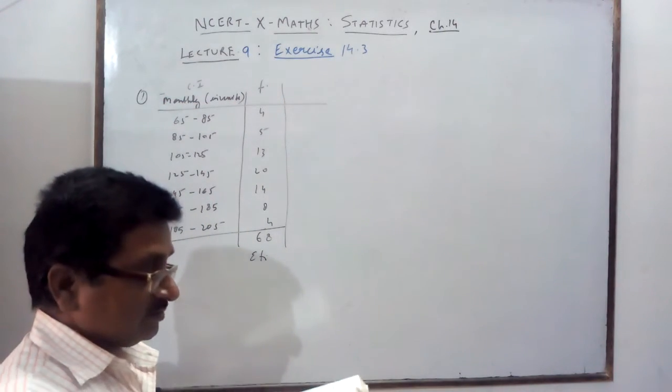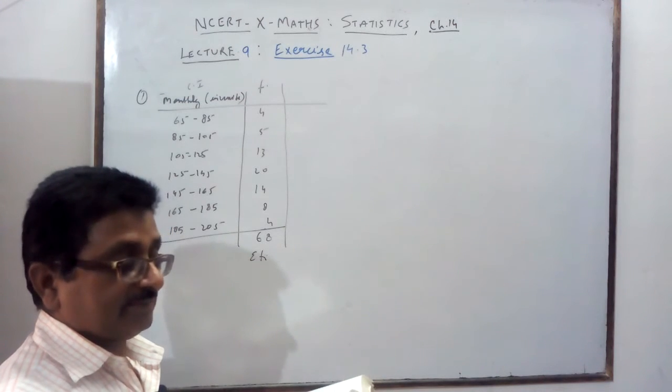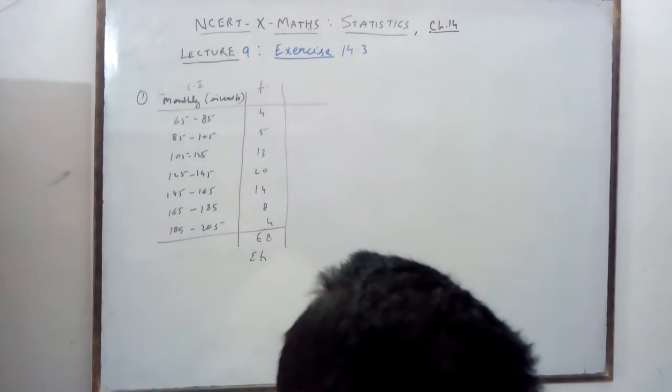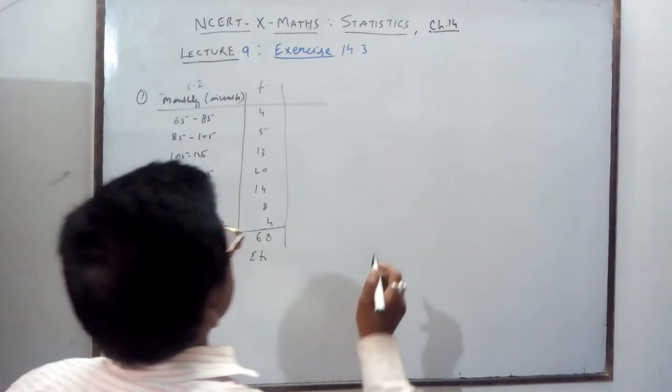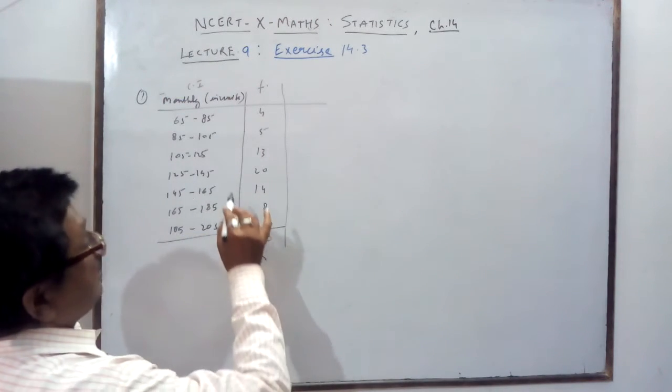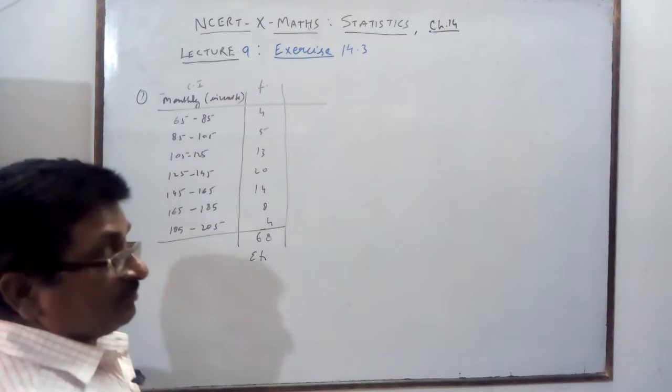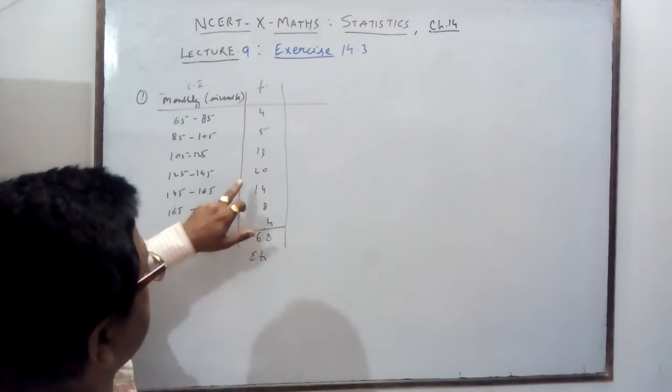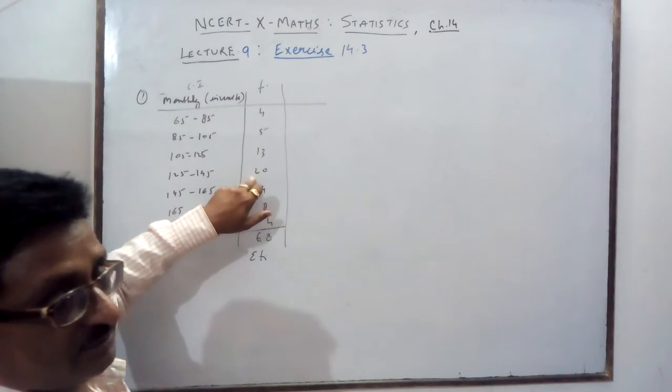You want to find out the median, mean and mode. Mode is very simple. Median and mode you calculate now, and mean afterwards.